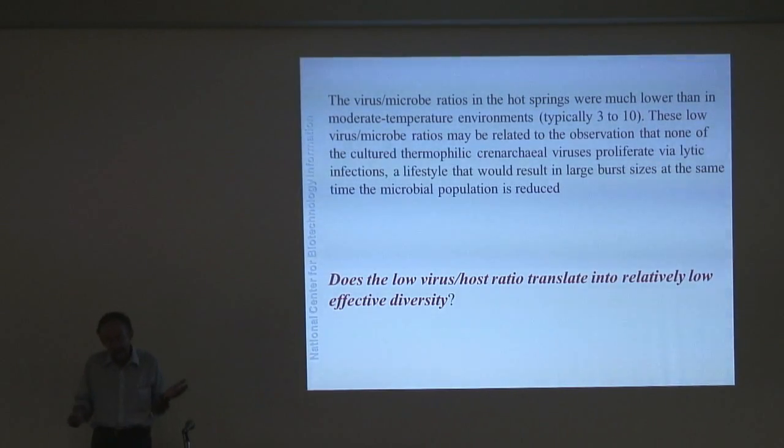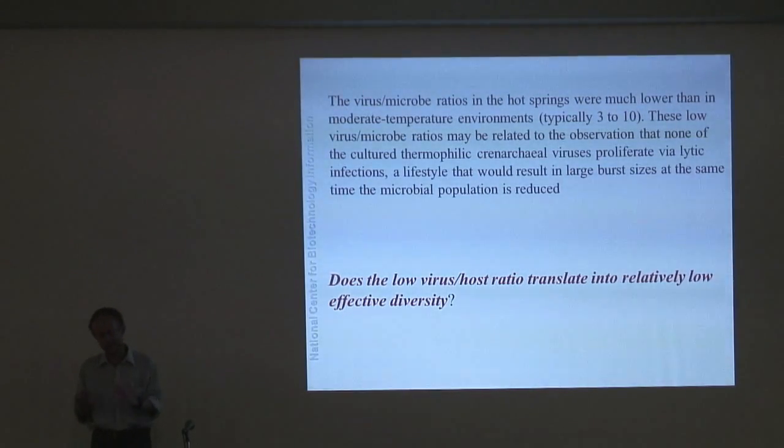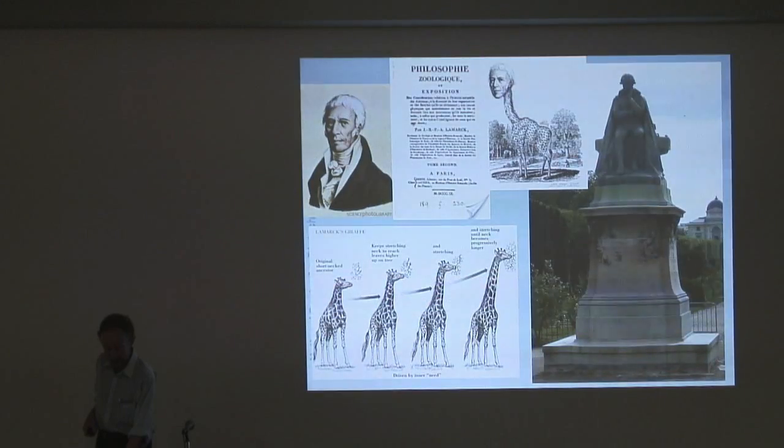So my suspicion, which certainly needs to be verified in many more studies, is that the low virus-host ratio translates into relatively low effective viral diversity, because of which it's advantageous for the archaea and for a few bacteria perhaps that live in those environments to maintain the CRISPR loci almost invariably.